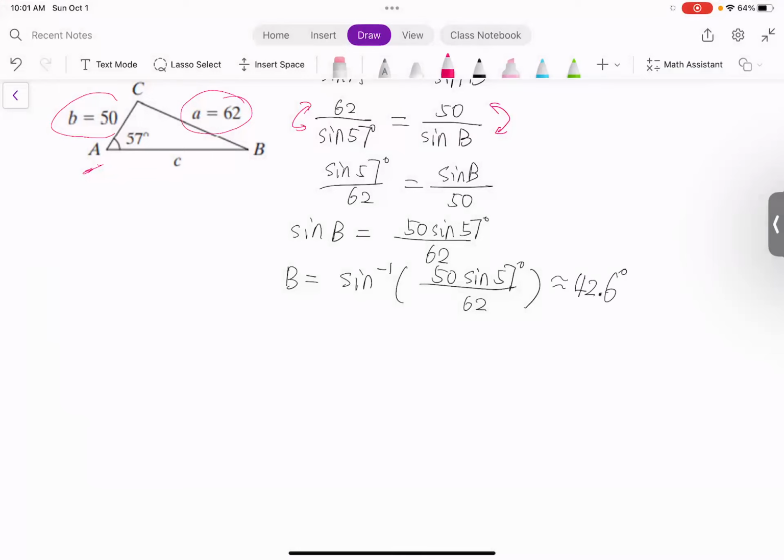At the beginning, I mentioned that if I use my calculator to find angle B, it only provides us the value in the first quadrant, 42.6. I also need to have another angle in the second quadrant because sine B is greater than 0, a positive value.